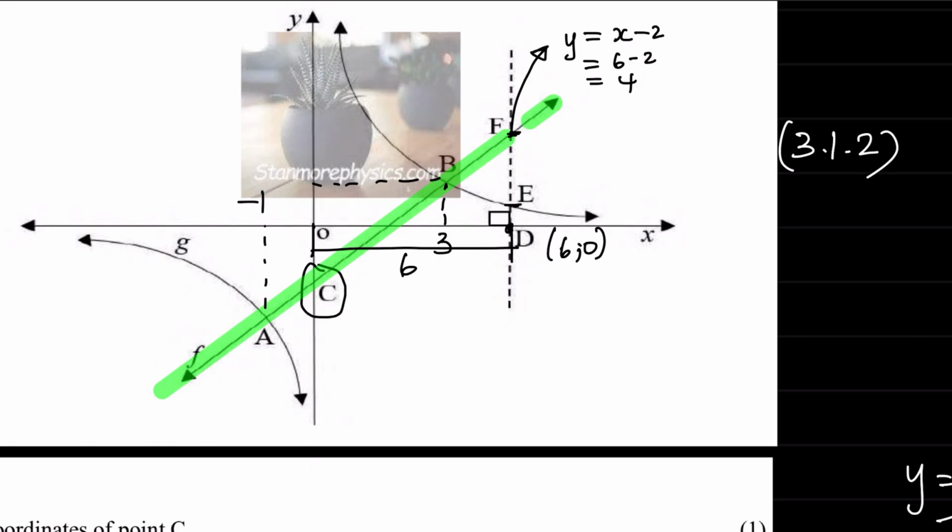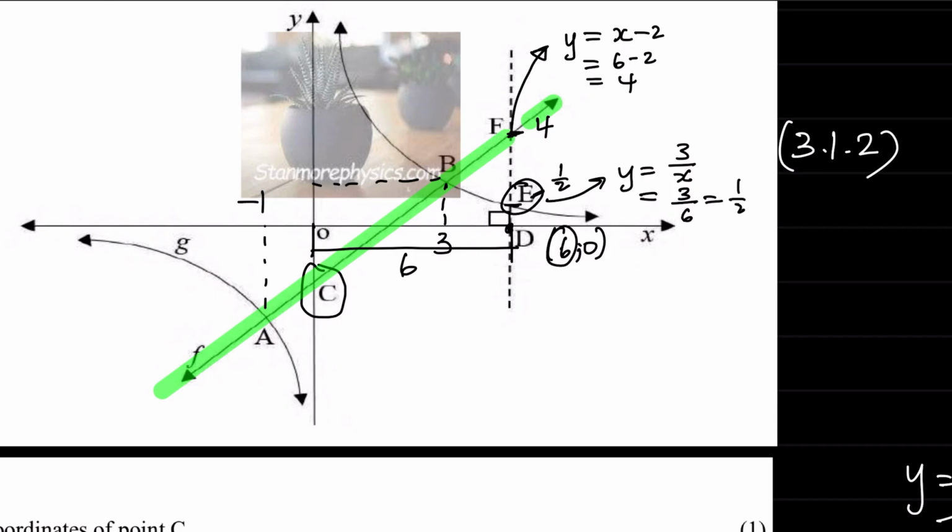So this point here, the y value is 4. Then for this point, the equation is y equals 3 divided by x. Remember, we know x is 6, so 3 divided by 6, which is half. That means this point is a half.